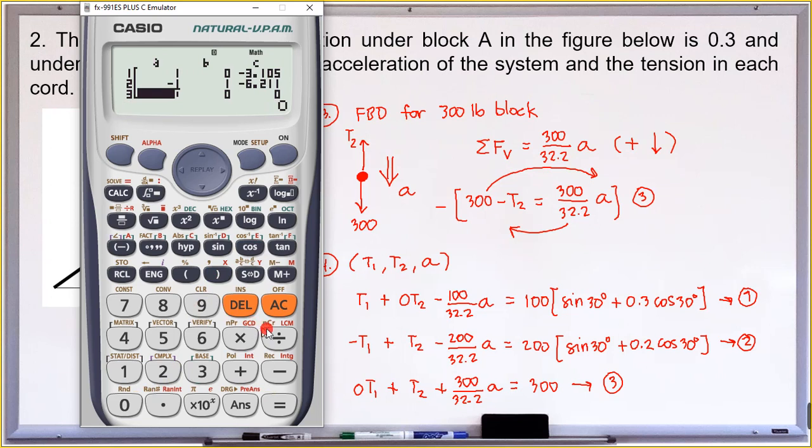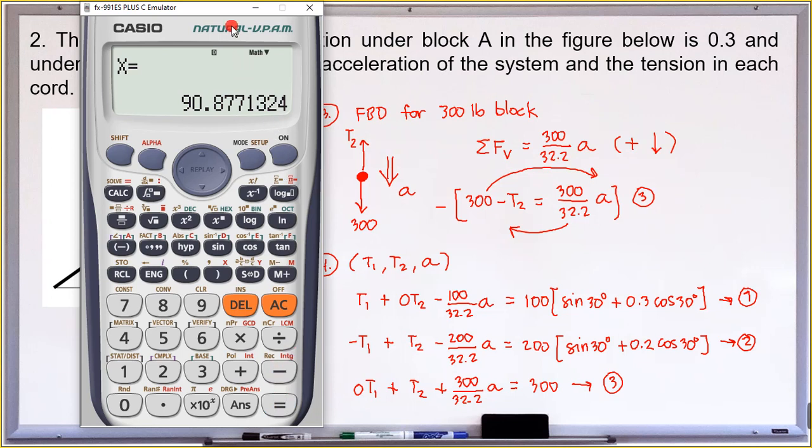Okay, so equal sign. For the final equation, 0 for T1, positive 1 for T2, then 300 divided by 32.2 for acceleration, and then we have 300 as the constant. Then press the equal sign again.